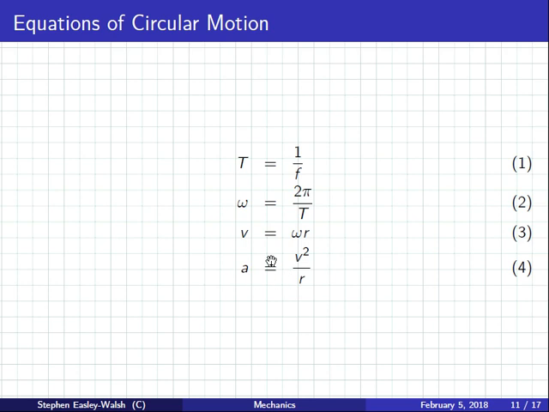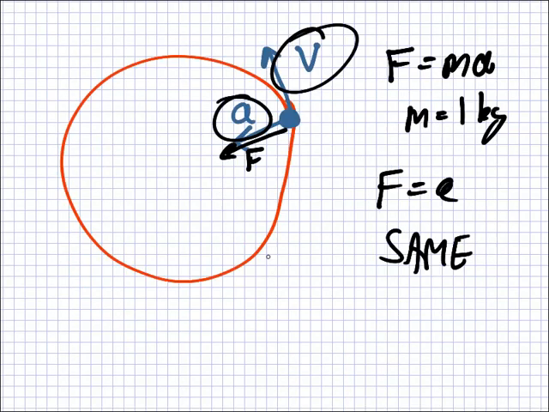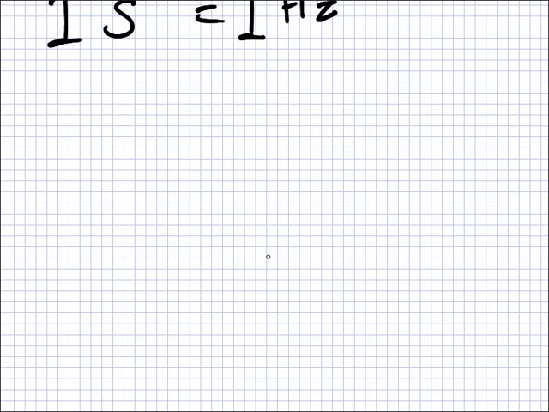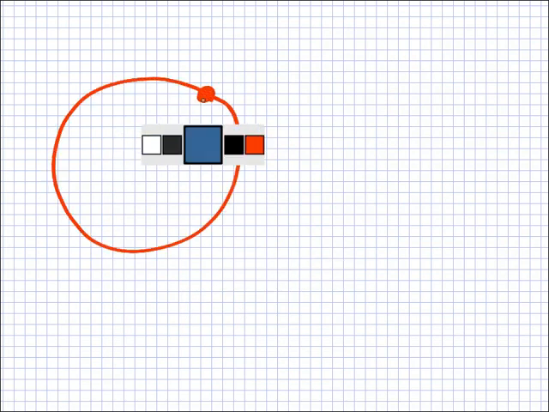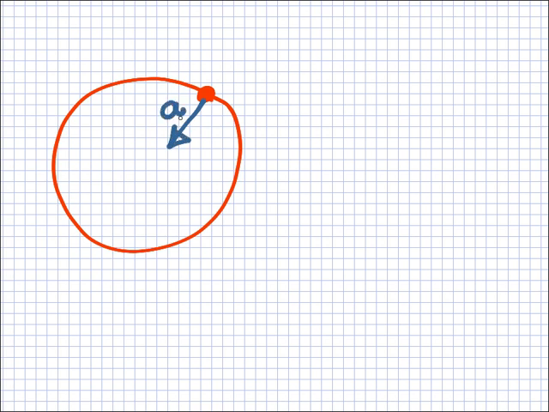Look, here's something moving in a circle, and we said the acceleration is this way. And we don't know what the formula is for acceleration. So acceleration equals, we don't know.